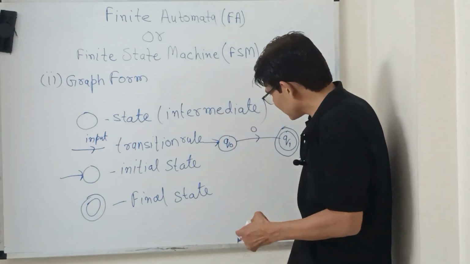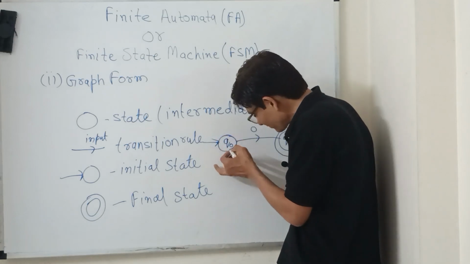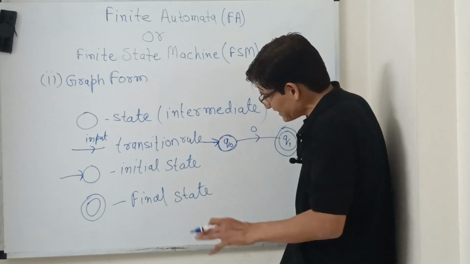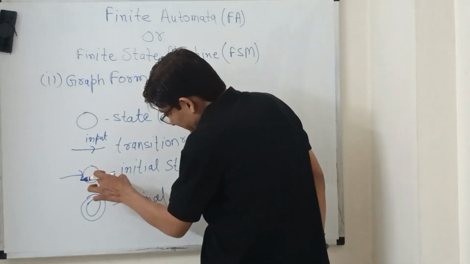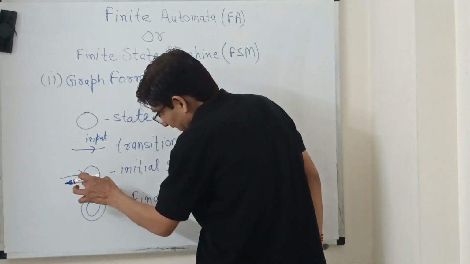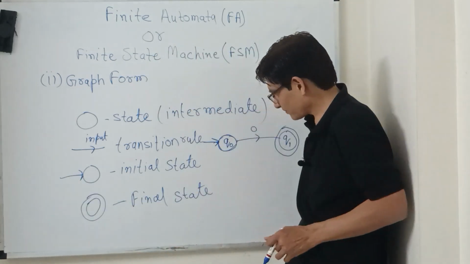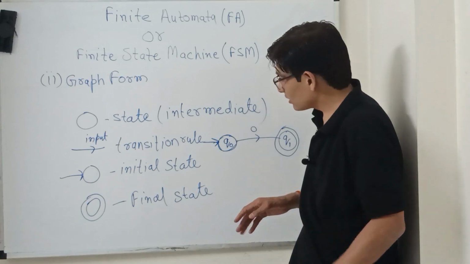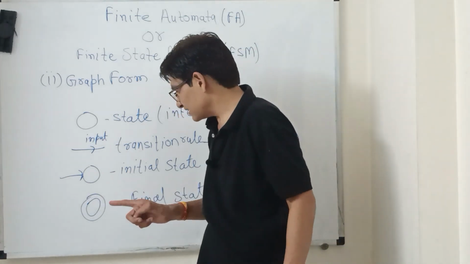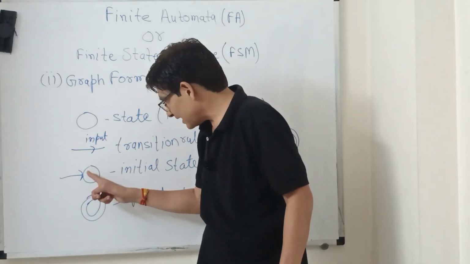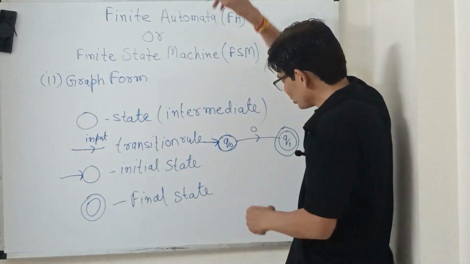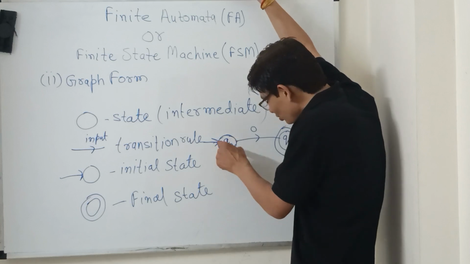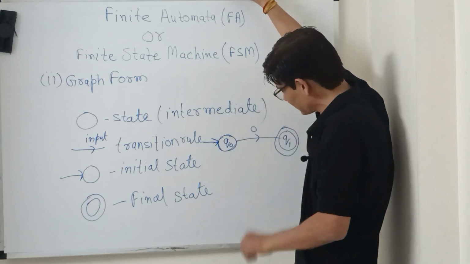I have mentioned one initial state here. For the initial state, how do we represent it? A circle, and then an arrow pointing inside the circle. Now to represent the name of a state, we can write any symbol inside the circle. So here I have written q0. That means q0 is the initial state of this machine.